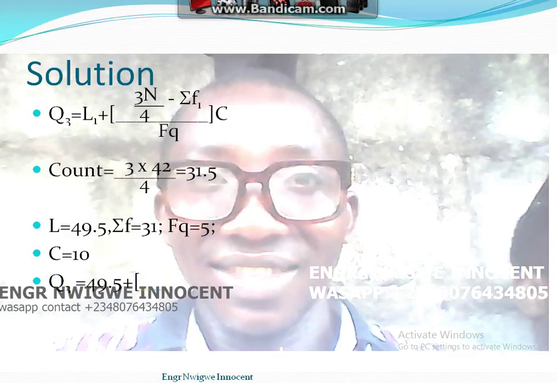Therefore, we substitute the values into the formula. Then we have Q3 is equal to 49.5 plus, in brackets, 1.5 minus 31, all over 5, times 10. Q3 is equal to 49.5 plus, in parentheses, 0.5 over 5 times 10, if we do our subtraction.